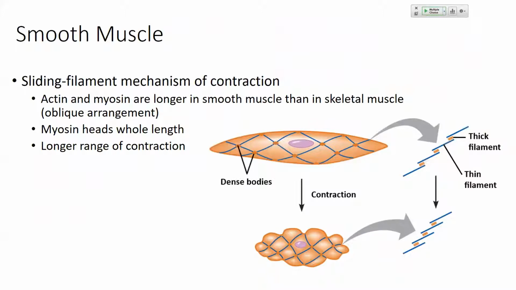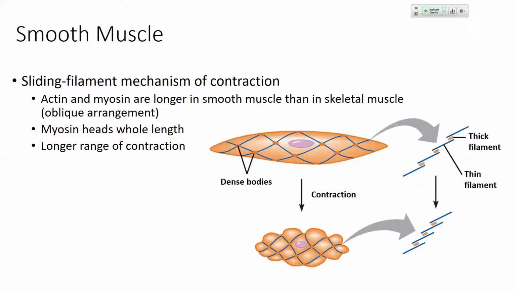Now, although the structure of smooth muscle cells differs greatly from that of skeletal muscle, we still have the sliding filament mechanism. Right, so that same cross-bridge cycling and the actin and myosin filaments that slide past one another, that same process pretty much still holds true for smooth muscle. Okay, but there are some slight differences that I'll point out.